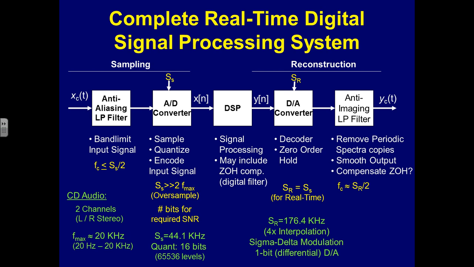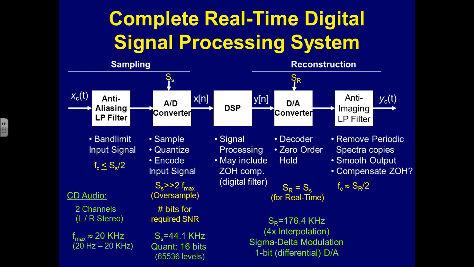Now, to give you an example for a real-world system and some of the parameters that it uses in its sampling and reconstruction system, you can think of compact disc audio, which is two channels, left and right, so it's always processing two signals. The highest frequency we expect it to have is about 20 kilohertz, the upper range of human hearing.